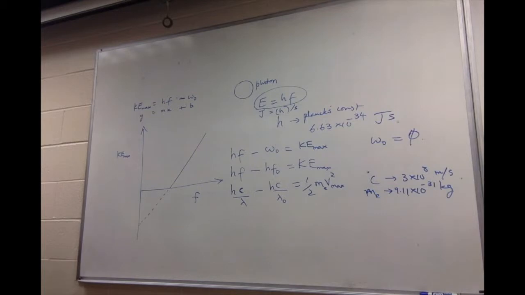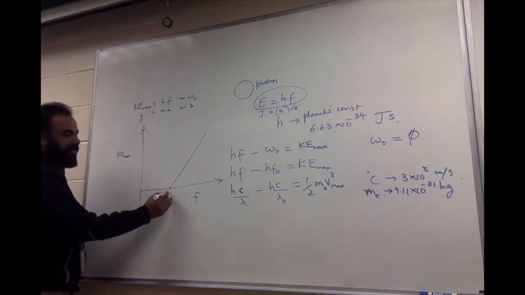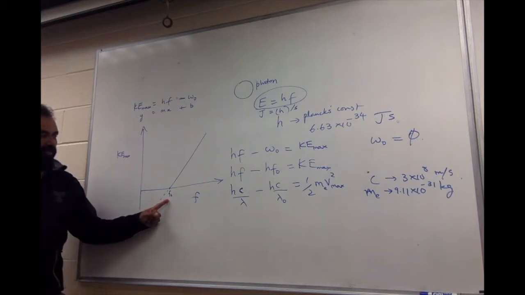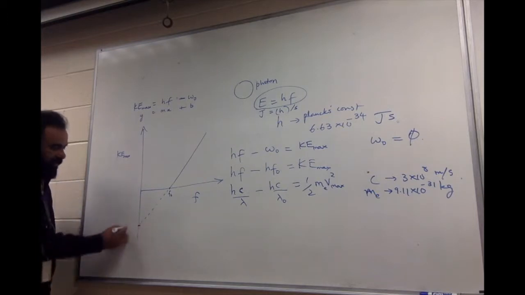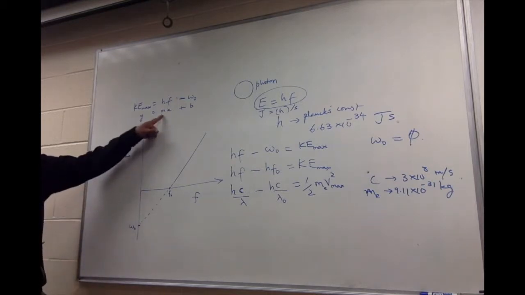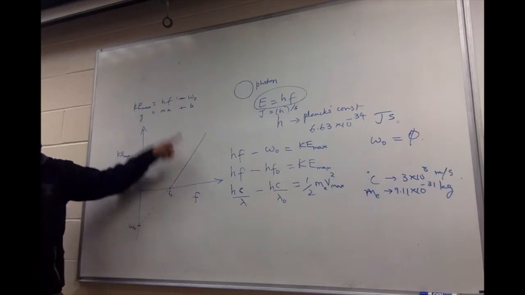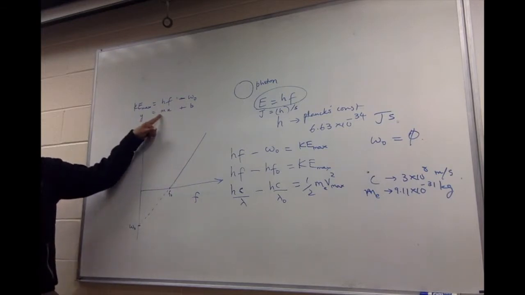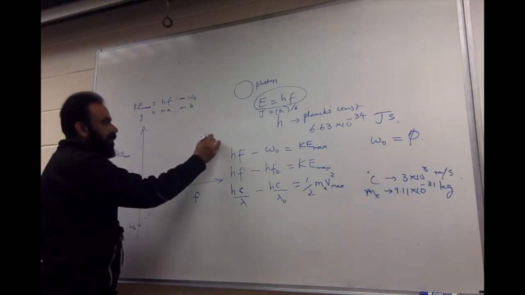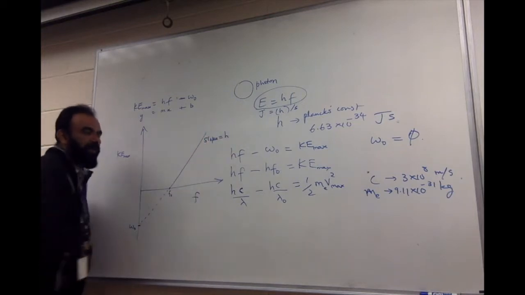This point here is the threshold frequency, and this y-intercept is your work function. The x variable is frequency. So what is the slope m? The slope is equal to h, which is Planck's constant.